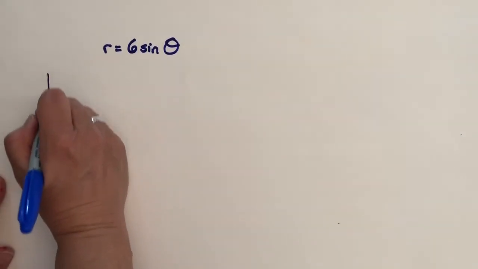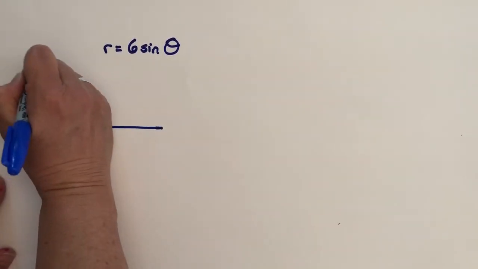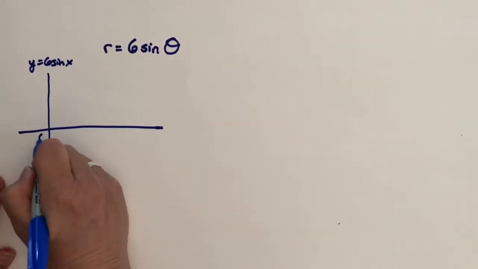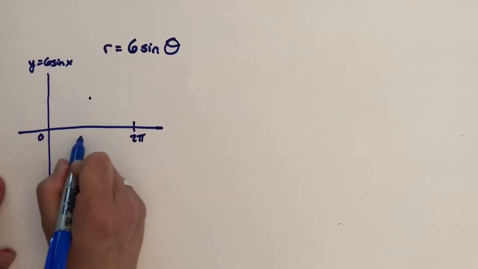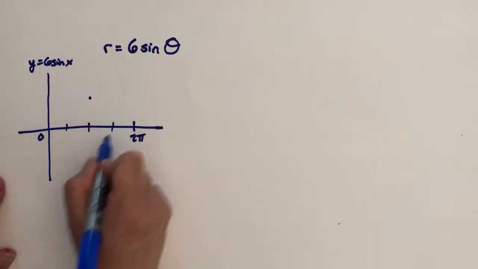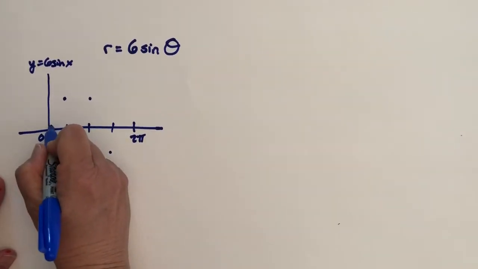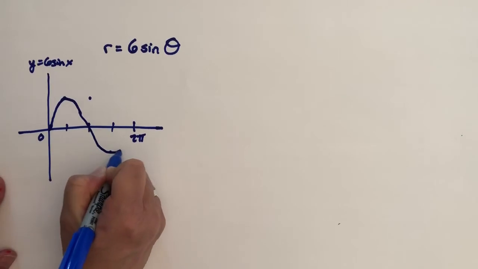I can even draw my rectangular coordinate system, my rectangular graph, I mean. y equals 6 sine x. You know that is a graph with a period of 2 pi. We want the point here and here. So it goes up and back down.